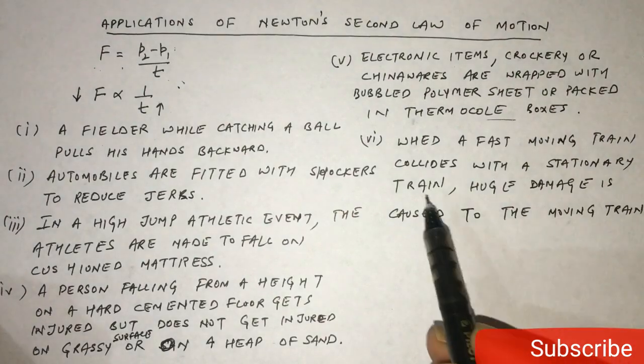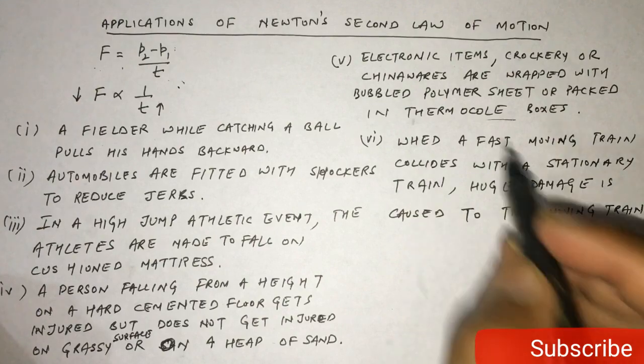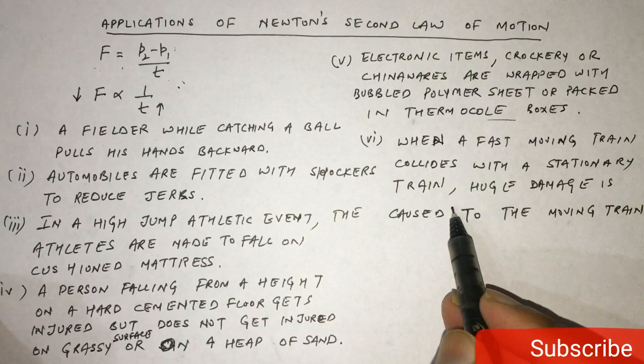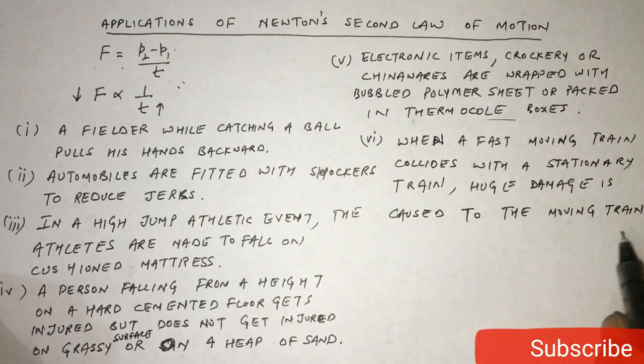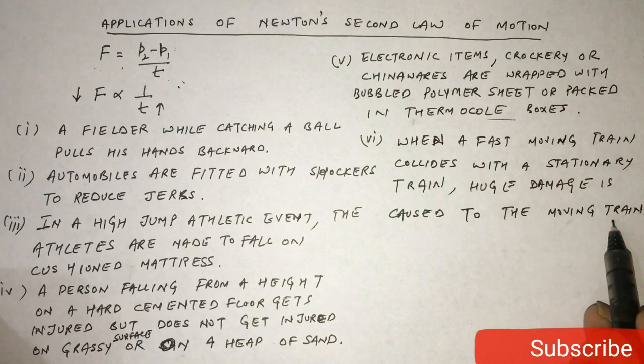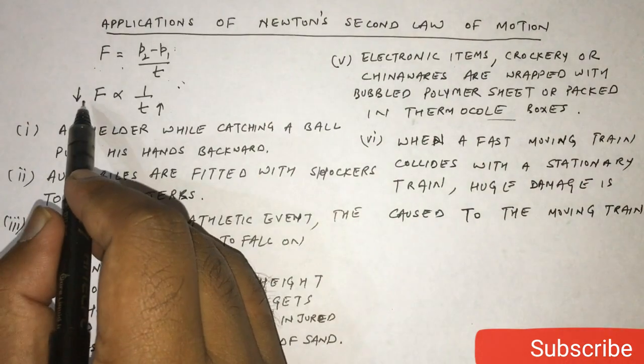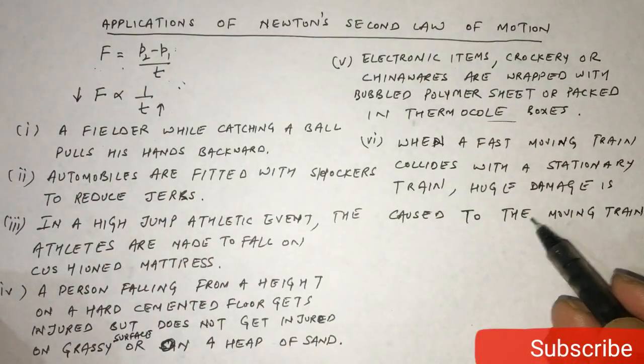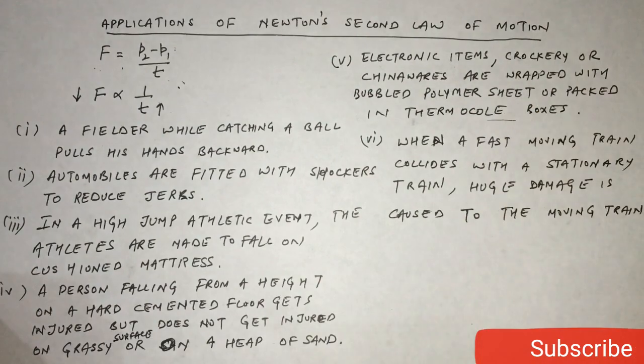The sixth application is when a fast moving train collides with a stationary train, huge damage is caused to the moving train because the time of impact is very less. So in that case the force increases. So these are some applications of Newton's second law of motion.